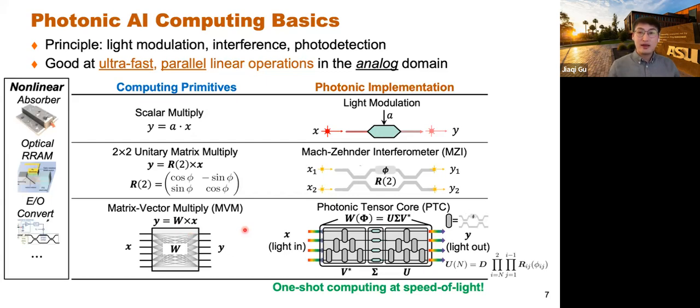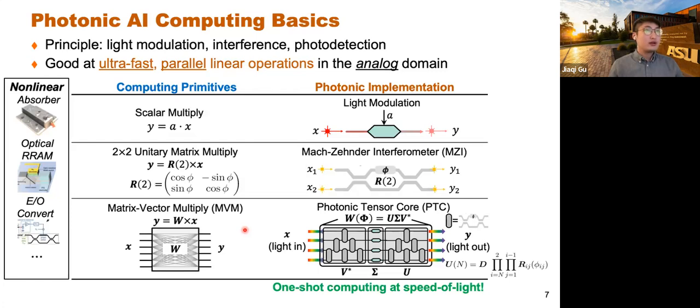It can be mathematically proven that n square MZI devices cascaded in a triangular array style, or other styles, can implement arbitrary unitary matrices for U and V. For the diagonal matrix sigma, you just put a column of modulators. Then you shoot the light in, carrying the signal, pass it through U, sigma, V, and directly detect the output Y as your matrix multiplication result. It's very simple, one-shot computing at the speed of light.